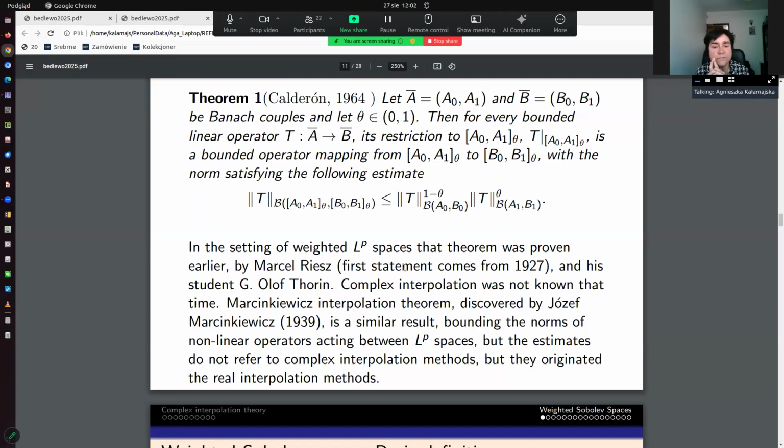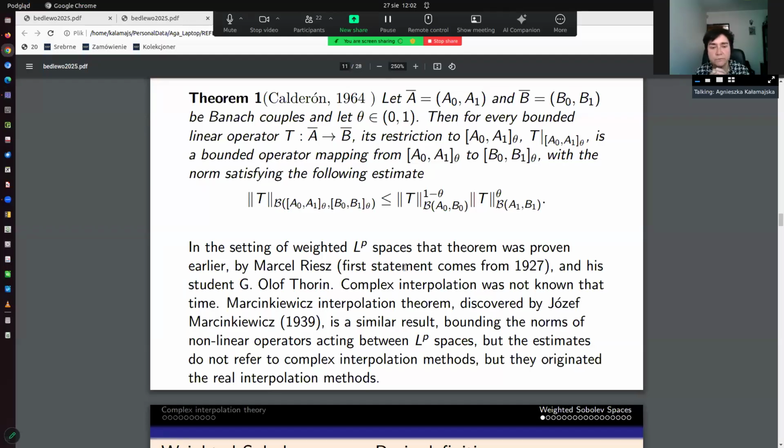So in the Lp setting, this is known as the Riesz-Thorin theorem, and it does not use the notion of complex interpolation space. It is expressed differently, but in a sense, the tools are indeed in this statement by Riesz and Thorin.